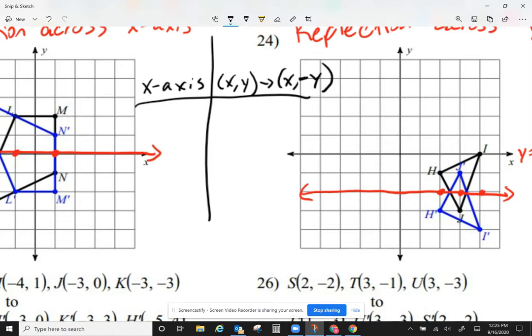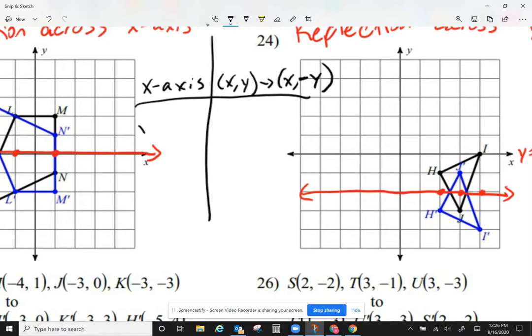The only thing that's going to happen is that the y value is going to switch sign. That's what I'm calling negative y. If it was positive to begin with, it becomes negative. If it was negative to begin with, it becomes positive. All I'm saying is the y value is going to switch sign. That's all it's going to do. That's when it gets reflected across the x-axis.